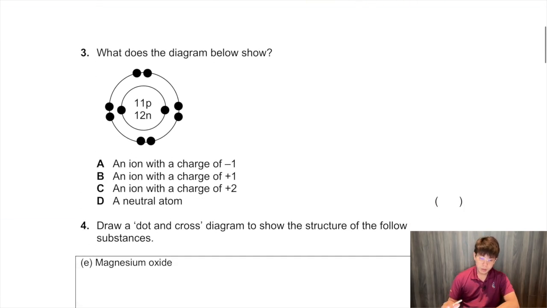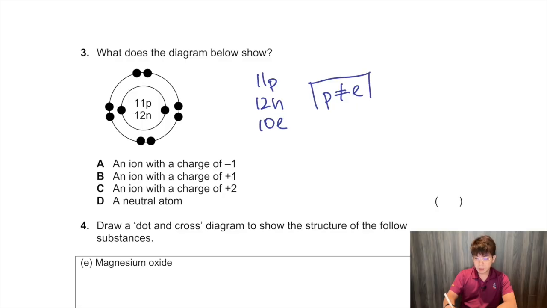Question number 3. What does this diagram show? I can see that there are 11 protons, 12 neutrons, and 1, 2, 3, 4, 5, 6, 7, 8, 9, 10, so 10 electrons. The first thing I notice is that the number of P is not equal to the number of E. When the number of P is not equal to the number of E, it is an ion. If P is equal to E, then it is an atom.